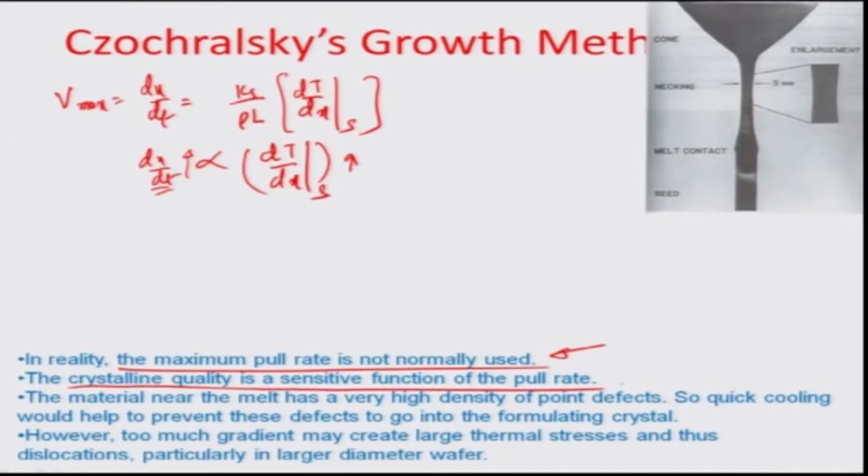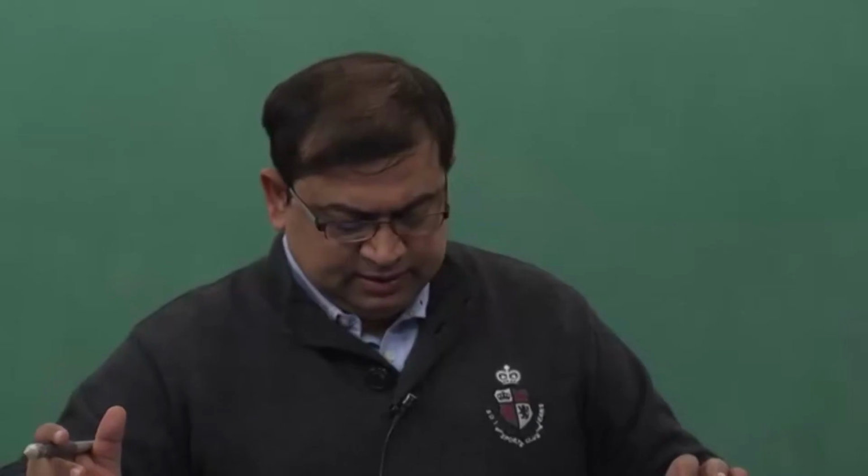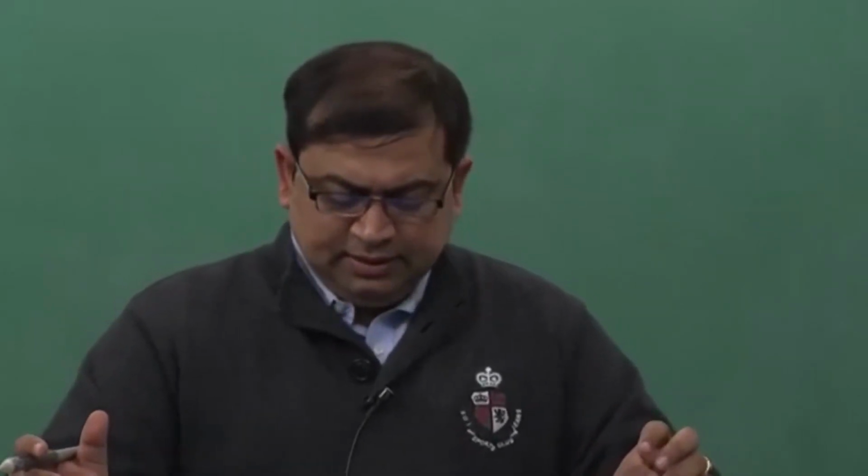Okay. So, on one hand, if the material is near the melt, it has a very high density of point defects, and if we are quickly cooling the material, then it will really prevent these defects from going into forming the crystal.